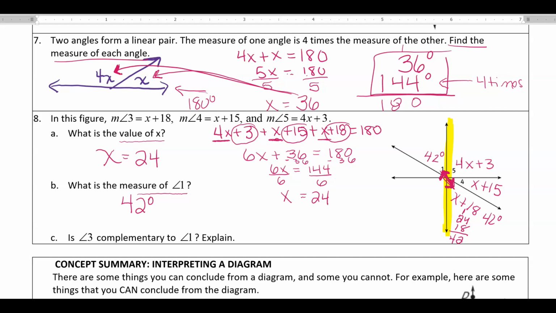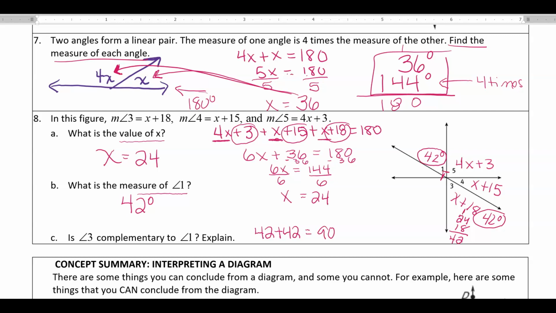Now, it says, is angle 3 complementary to angle 1? Explain. Well, we've already stated that angle 3 is 42, and we've stated angle 1 is 42. So if they're complementary, 42 plus 42 needs to equal 90.